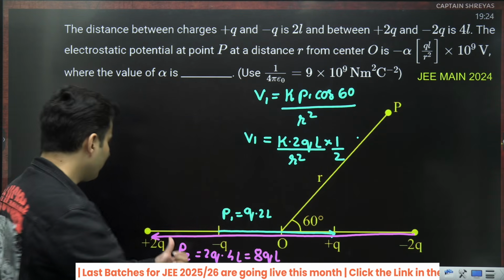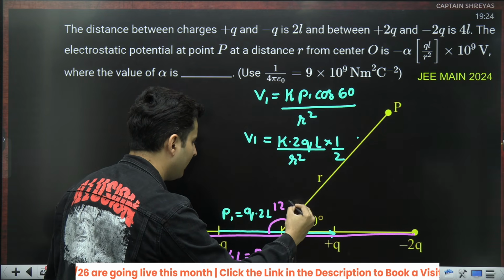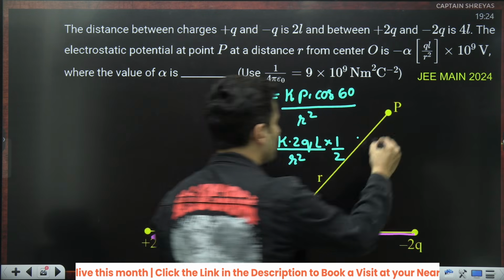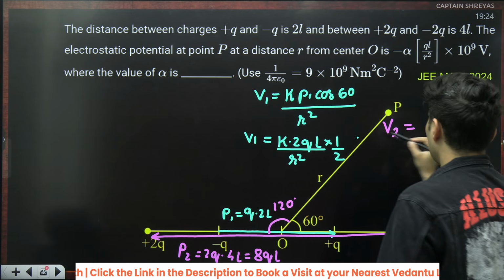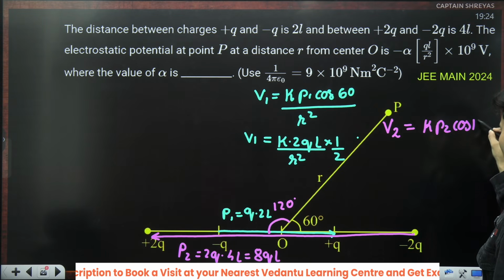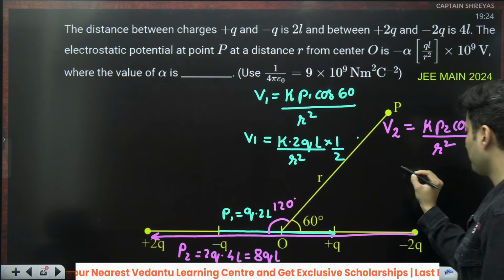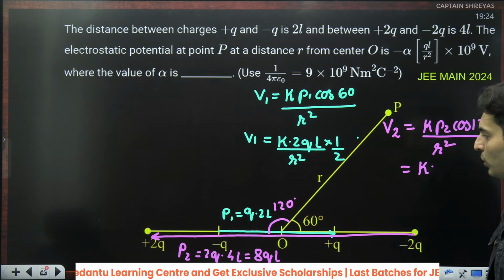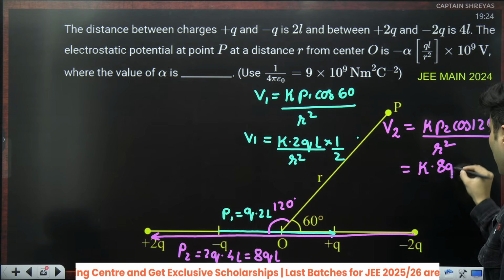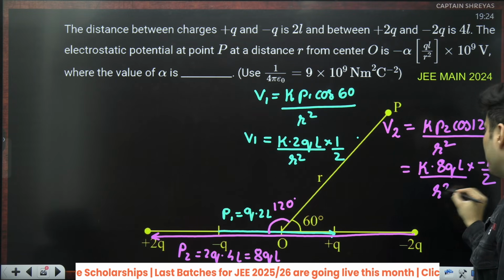And that point P with respect to this dipole moment is making an angle of 120 degrees. So the dipole will produce a potential of K P2 cos 120, whole thing divided by R square. So K is K, P2 is 8QL, cos 120 is negative half, and then you have R square.